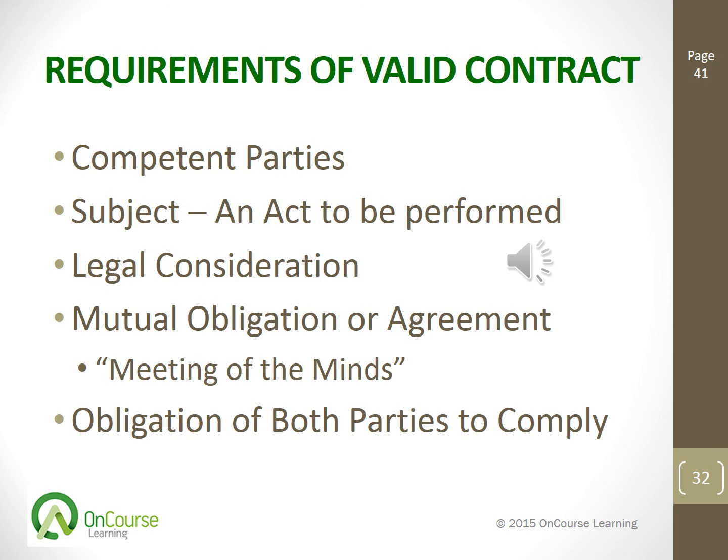There's the legal consideration, making sure it's the right property, the legal description and everything else. And then there has to be a meeting of the minds, a mutual obligation or agreement that the contract is good for both sides, and there is an obligation in a contract that both parties will comply with the requirements of the contract. So that's pretty easy.